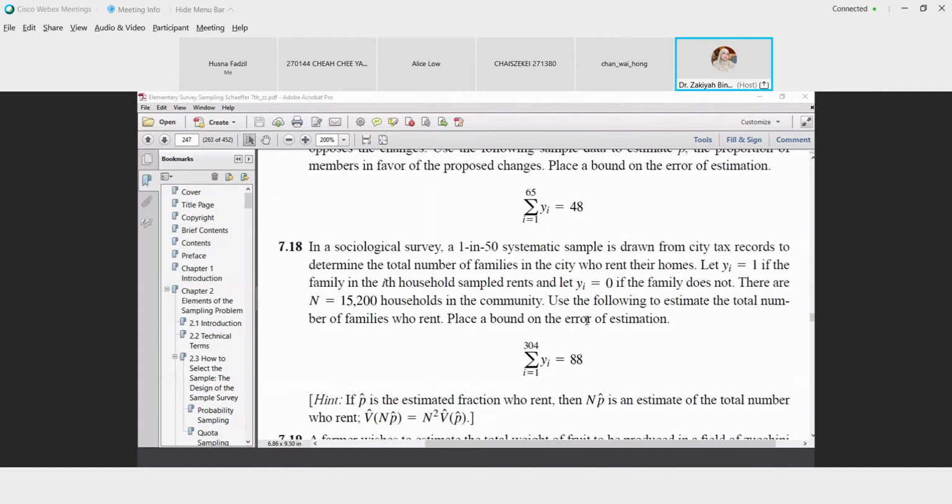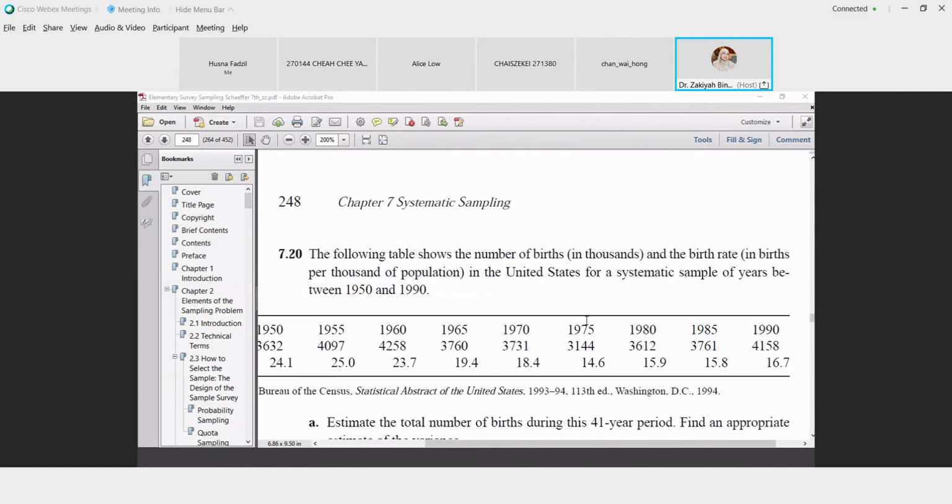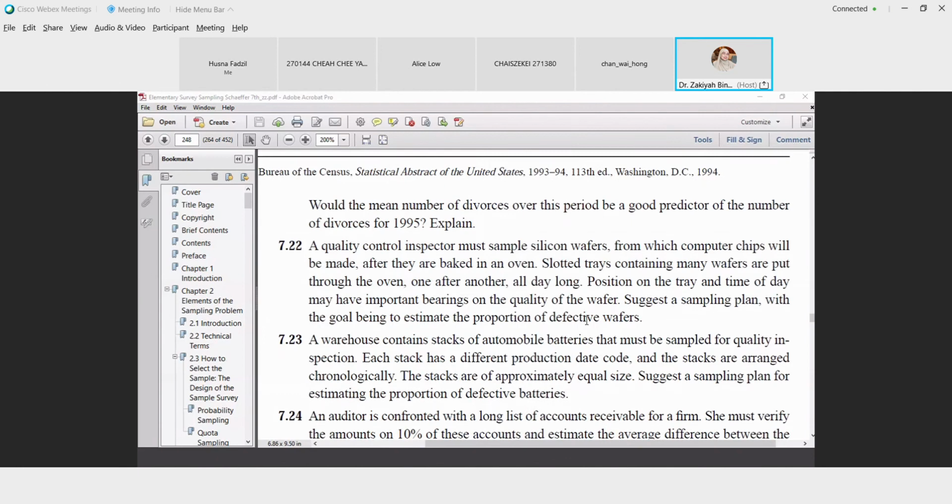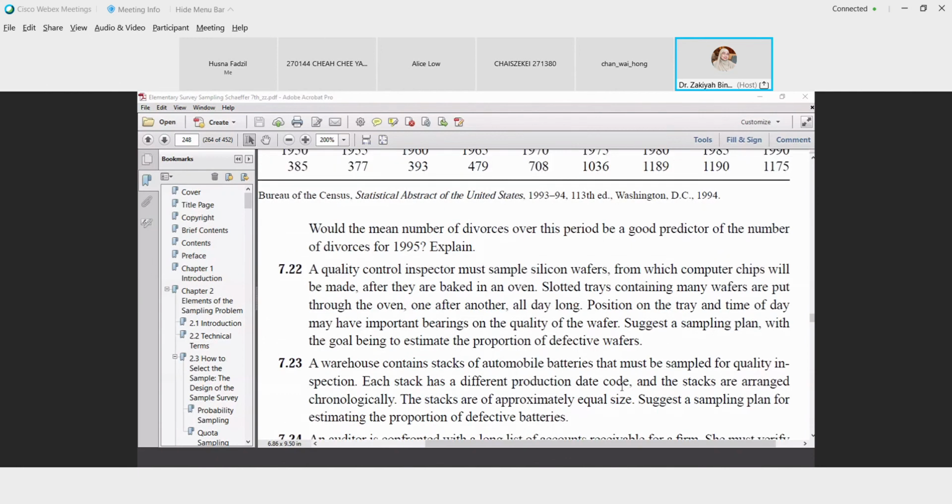Okay, let's see here. This is a typical real-life example. A quality control inspector must sample silicon wafers, from which computer chips will be made, after they are baked in an oven. I was working with silicon wafers in my prior job. Slotted trays containing many wafers are put through the oven, one after another, all day long.